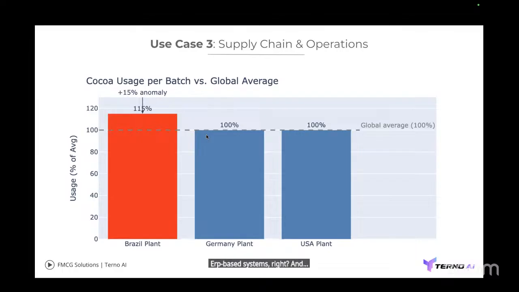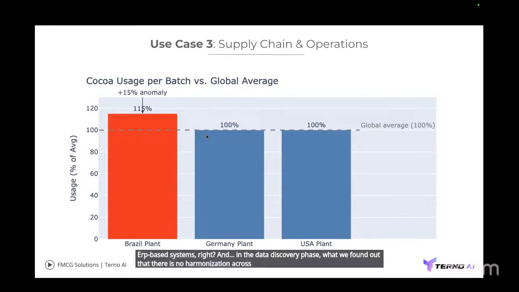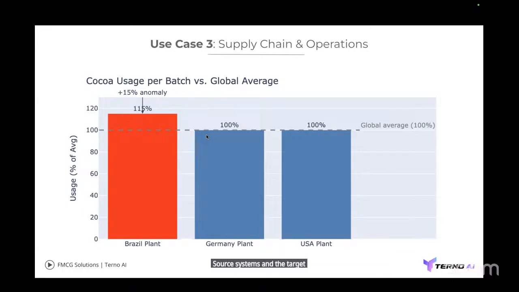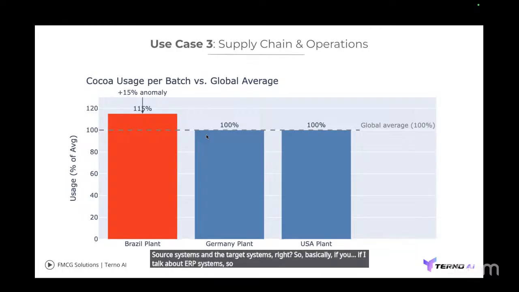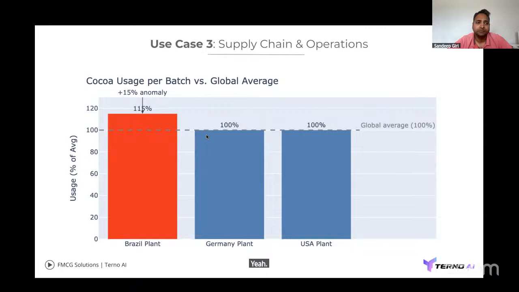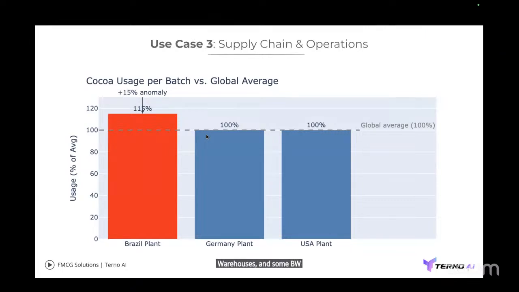In the data discovery phase, what we found out is that there is no harmonization across different source systems and the target systems. If I talk about ERP systems, there is an ECC and an EDW, which is the enterprise data warehouse, and some BW, which are legacy business warehouses.